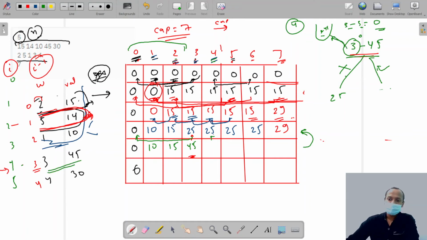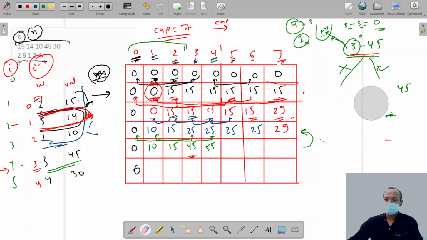If we put this item in our bag, then the capacity left is 1, 4 minus 3. Then we check at 1. If the capacity of the bag is 1, we get 10. We get 10 plus the value of the item, that is 45. That means total is 55, right? So what is the maximum of these two? 55. I'm writing 55, right?